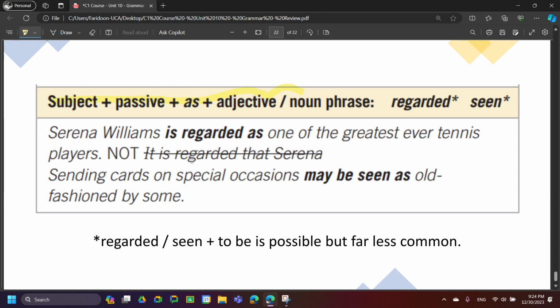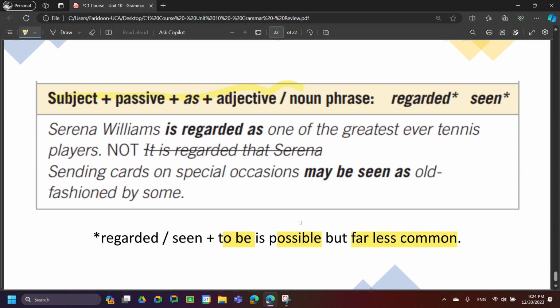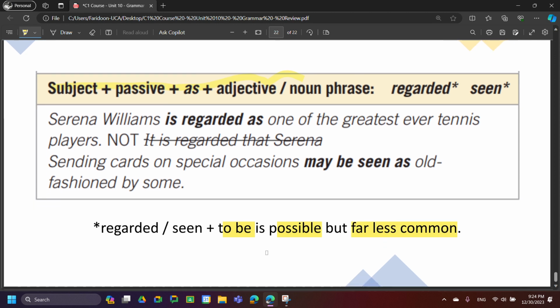It's not good to say, it is regarded that Serena is like that. Or sending cards on special occasions may be seen as old fashioned by some. Now, regarded and seen plus to be is also a possible structure, but it's far less common. Many people will not actually say that.